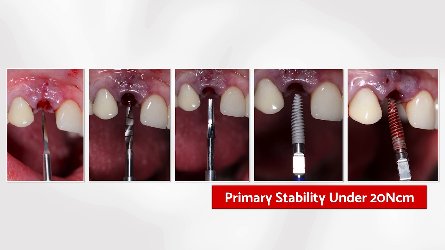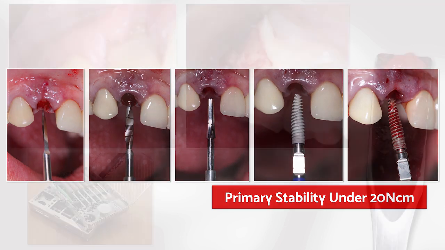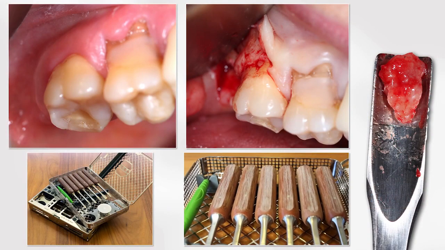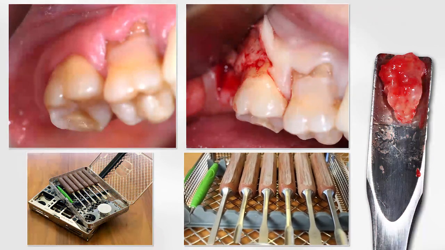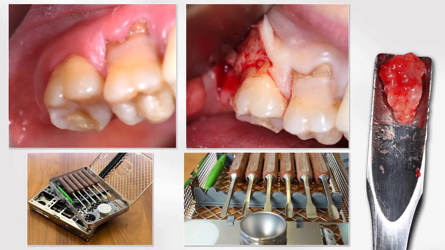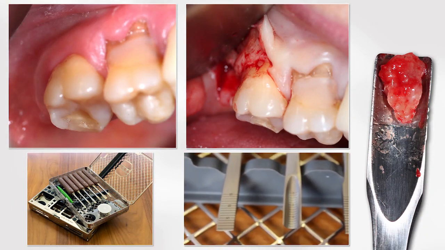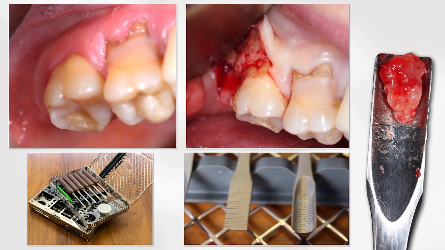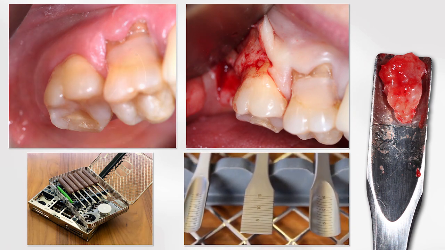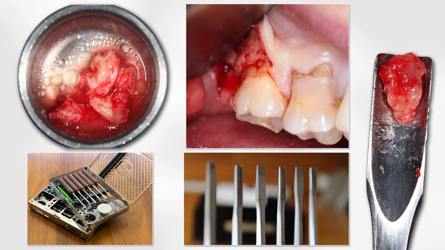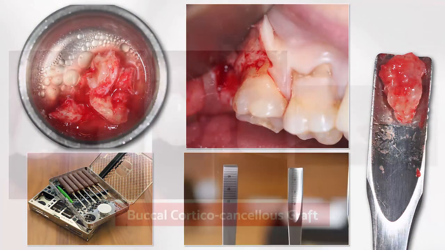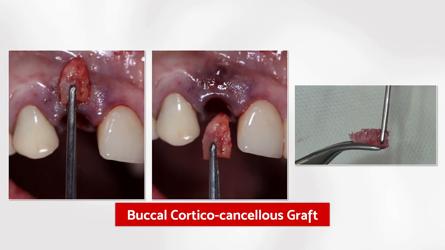What we did, we removed the implant from the socket, put it in a housing, and went straight to the tuberosity on the right side, the same side as the problem. We used curved chisels to take the bone. All bone harvested from the tuberosity was stored in a container, and we started bone reconstruction.